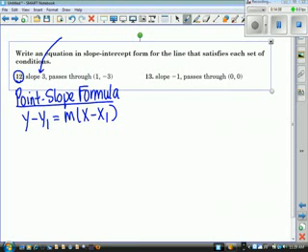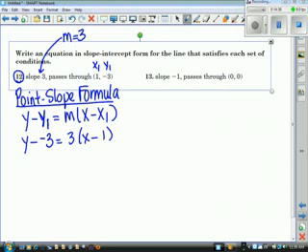All right, now, what you do, the slope right here is 3. You see this point right here? That's your x1 and your y1. So all you do is just plug those numbers in. So I'm going to say y minus, now what did I say y1 was? -3. What's the slope? 3. x minus, now what's x1? 1.